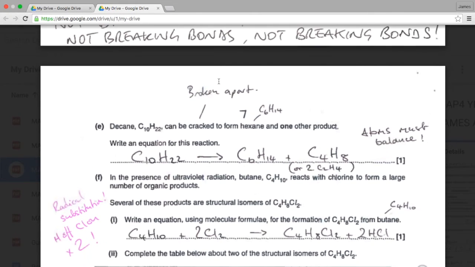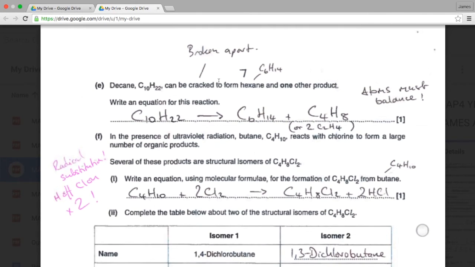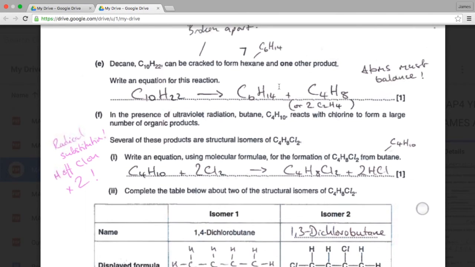Next part of the question, decane C10H22 can be cracked. What do we mean by cracking? We're breaking it down, breaking it apart to form hexane, C6H14, and one other product. So we're starting with C10H22. So we've got to make C6H14. Easiest way to do this is, how many carbons have we got left? 4, because we had 10 to start with.